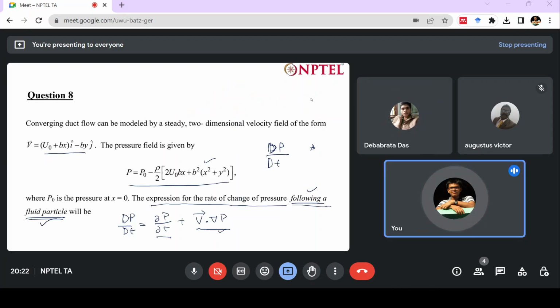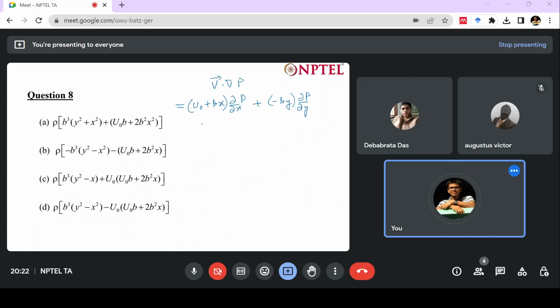Now let me compute del x of p. I have an x term here and an x term here.